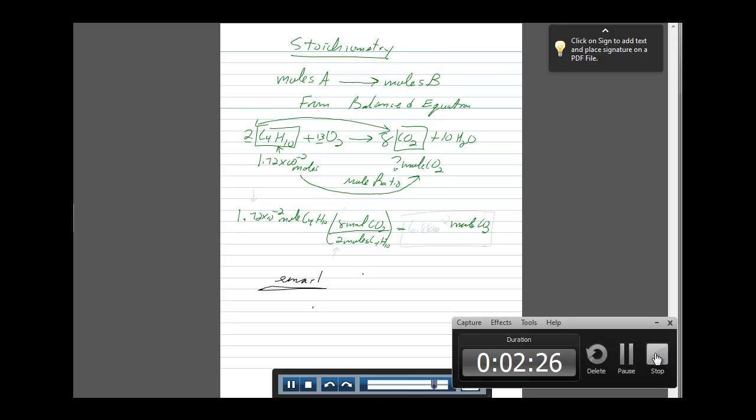And then when we multiply 1.72 times 10 to the negative second times 8 divided by 2, we then end up with 6.88 times 10 to the negative second moles of CO2. And this is how one converts from moles of one substance to moles of another, using a balanced chemical equation.